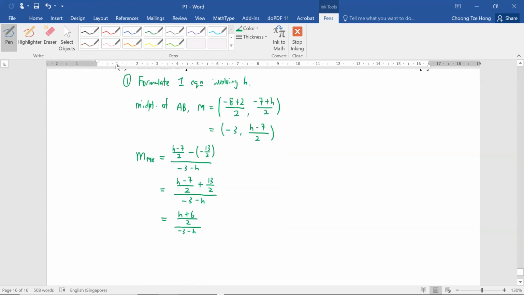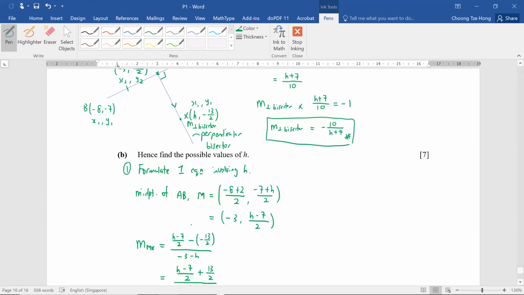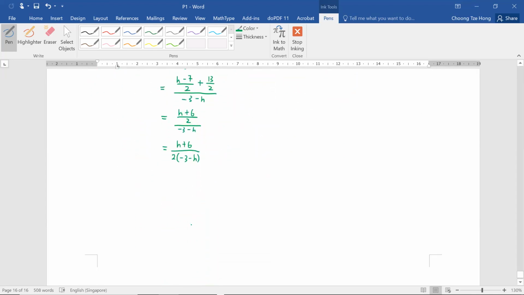So this will be the gradient of MX. If I want to simplify further, then it will be (h plus 6) over 2 times (-3 minus h). So the gradient of MX is going to be equal to the gradient of the perpendicular bisector. Then I can formulate my equation and find h already.